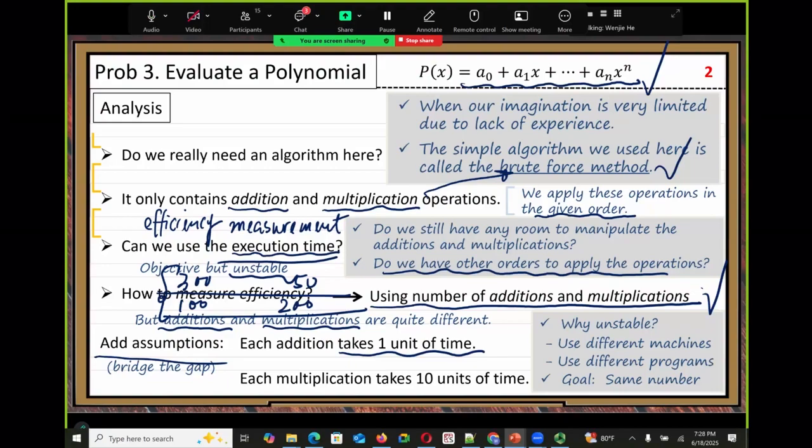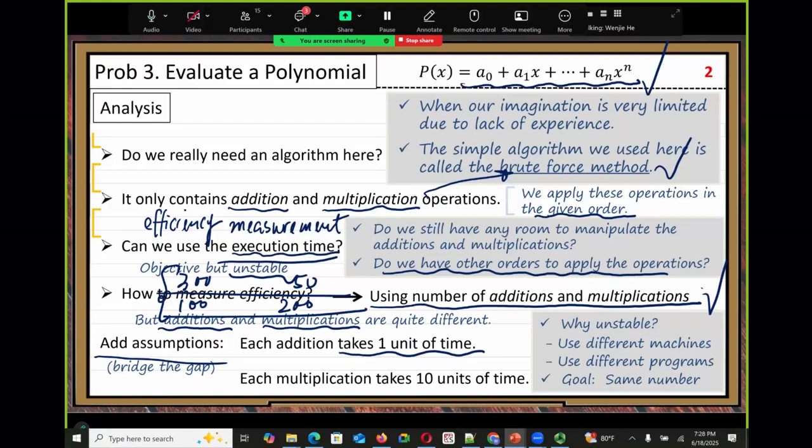This comes from the CPU architecture. If we go back to the CPU architecture, the ratio is approximately 10-to-1. That's the real-world situation. In our assumption, each multiplication takes 10 units of time.